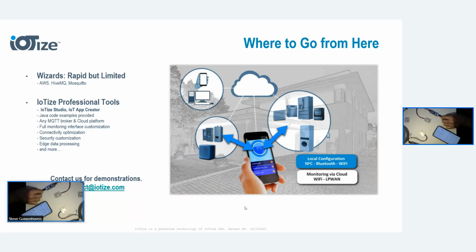So here you can see that the wizards we provide through Tap Manager provide a very easy method for creating either simply an MQTT data feed that you can exploit, or a complete AWS provisioning. Now, where to go from there, of course, you will want to use the IoTize tools when you start ramping up to a full scale-up of your connected system or device.